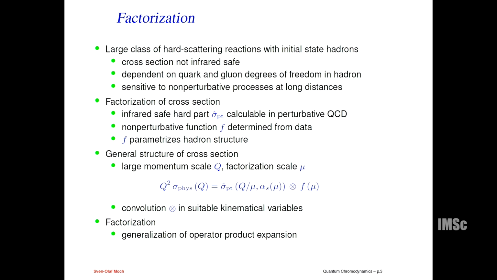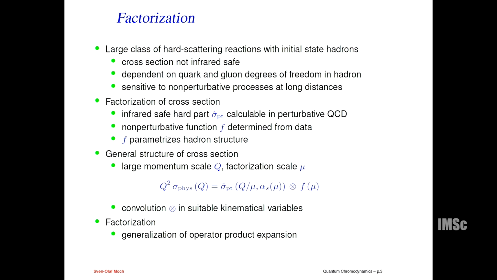And the other part is a non-perturbative function, call it here little f. This non-perturbative function contains all the rest, the long distance physics, and typically we have to determine it from data. The small f parameterizes the hadron structure, so any long distance physics of quarks and gluons which are confined in the incoming hadrons.